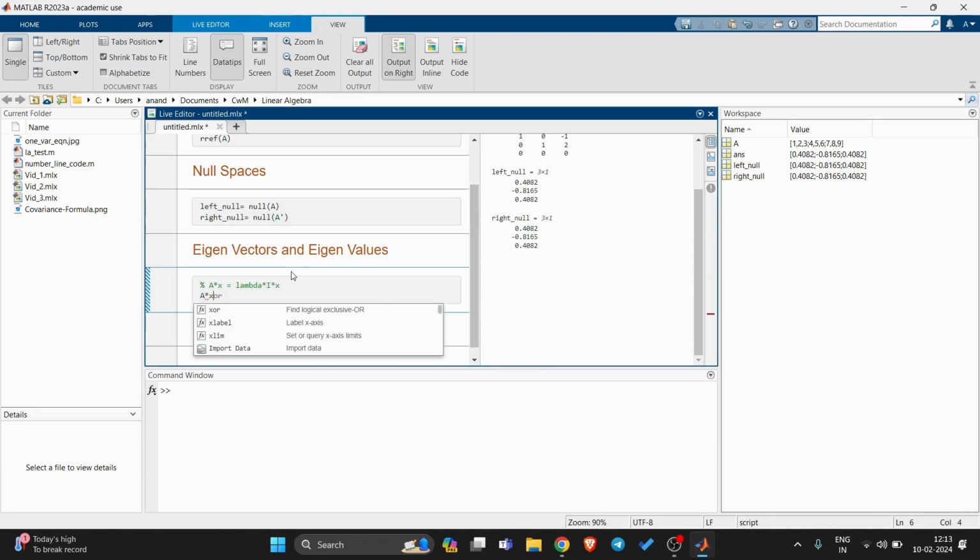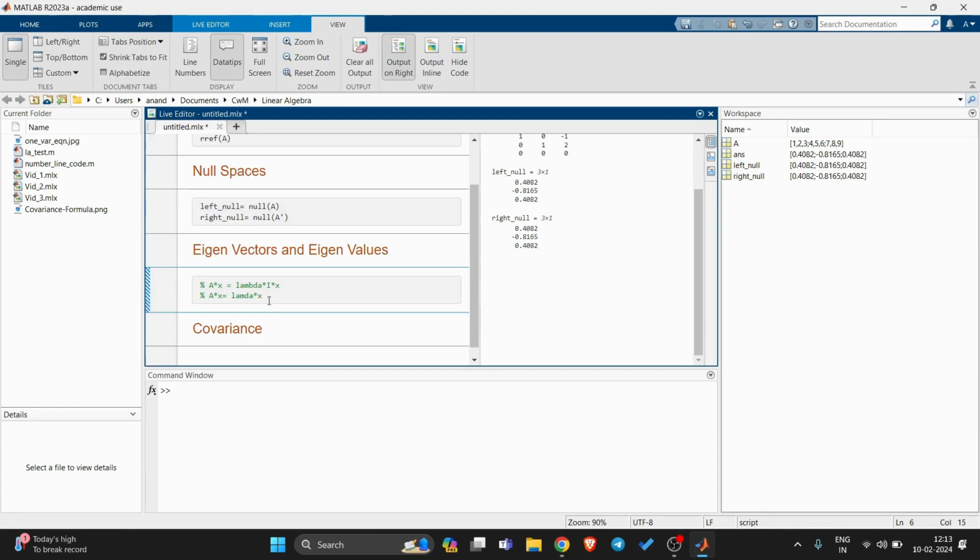So A times X is equal to lambda times X. To find eigenvectors and eigenvalues of a matrix in MATLAB, we have the eig function.